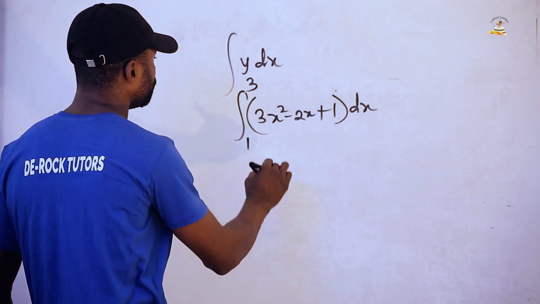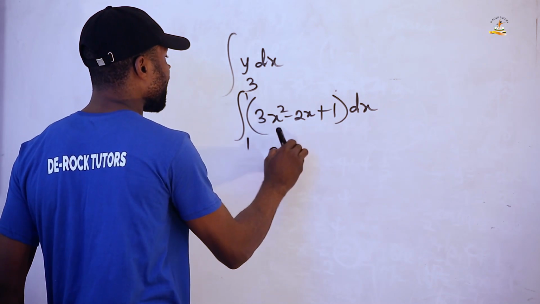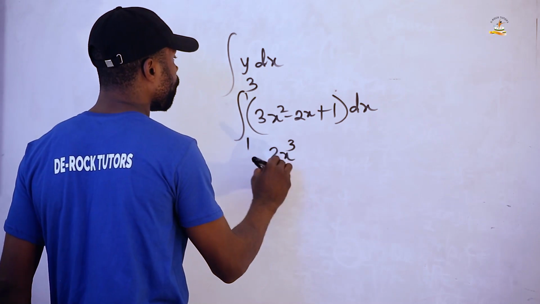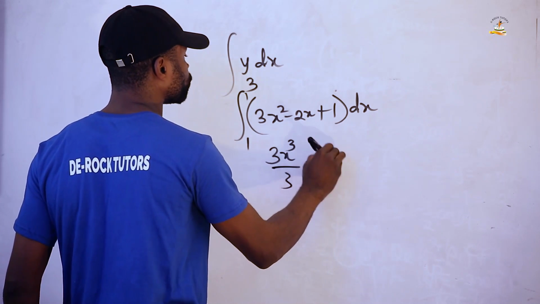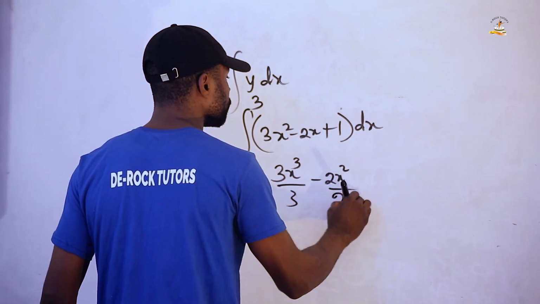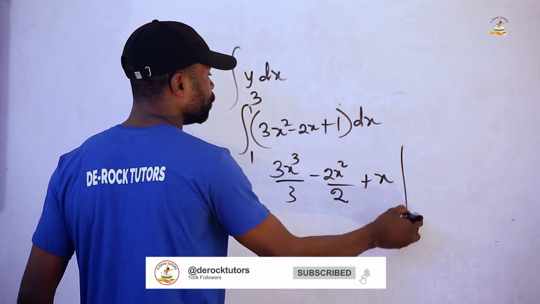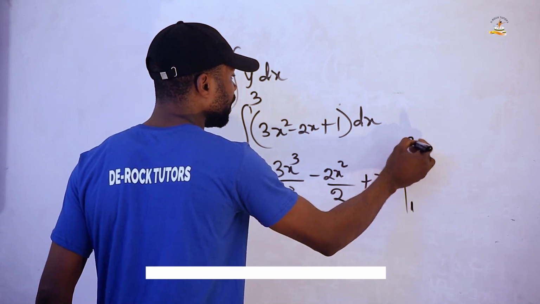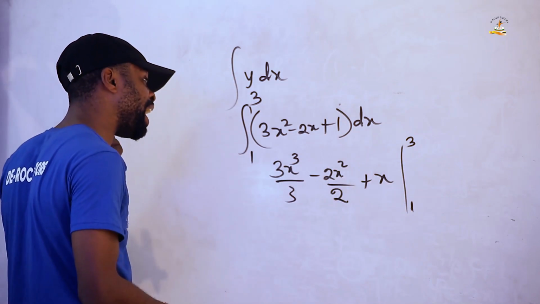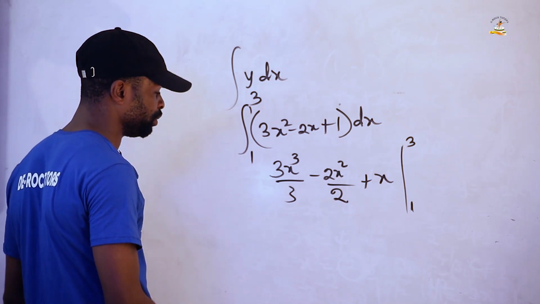From here, you integrate this as 3x cubed over 3 minus 2x squared over 2 plus x. You know the usual method of integration. You introduce 1 and 3, which happen to be the upper and the lower limits of this particular integral.